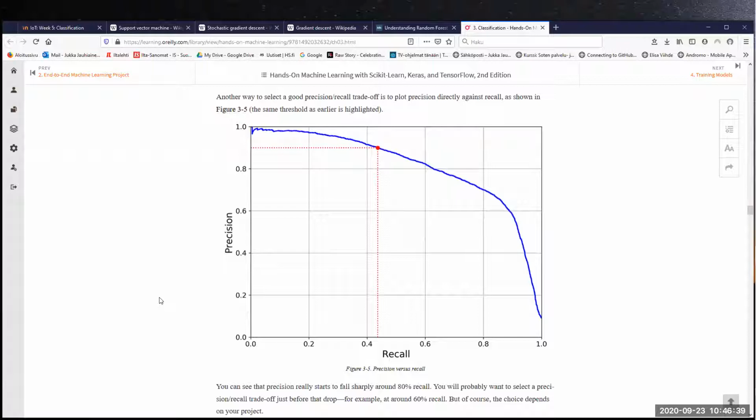Here is another way to illustrate the same thing. Now here we plot the recall versus precision. And here you see that when the recall goes to about 0.9, then the precision starts to drop very rapidly.